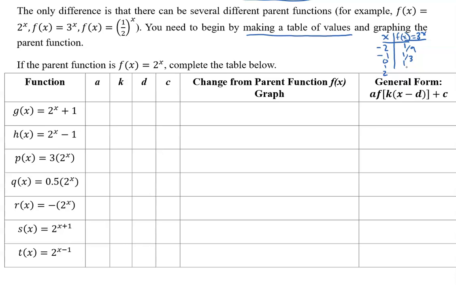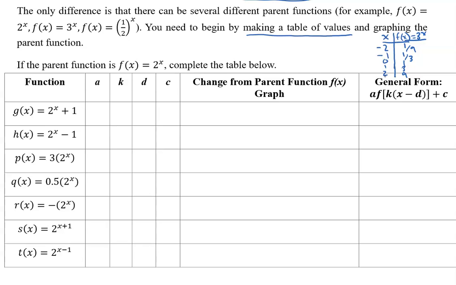Anything to the power of 0 is 1, and then 3 to the power of 1 is 3, and 3 to the power of 2 is 9. So you'd start with those 5 key points as your base parent function, and then you transform those according to a, k, d, and c.